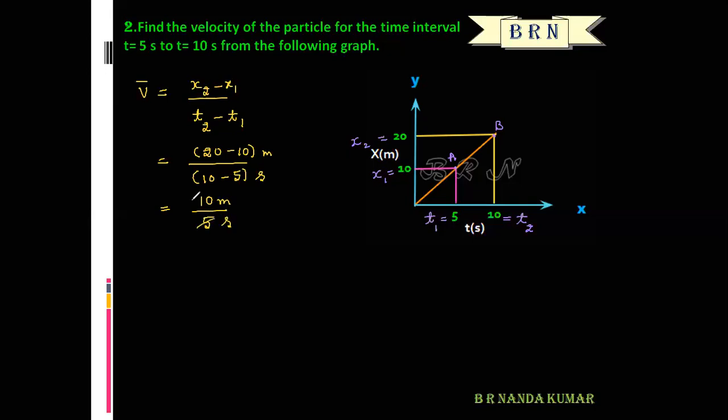So the average velocity of the particle is 2 meters per second. This is the average velocity of the particle.